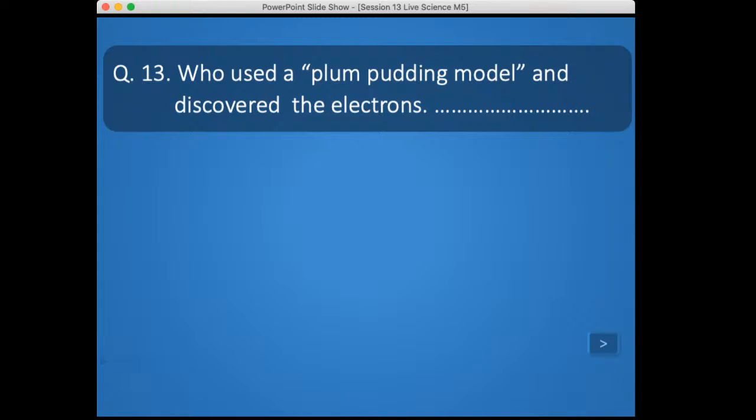Was it Democritus? Was it J.J. Thomson? Was it Niels Bohr? Again, because of time, the correct answer is J.J. Thomson. It is the plum pudding model. He discovered the electron. Two more questions.